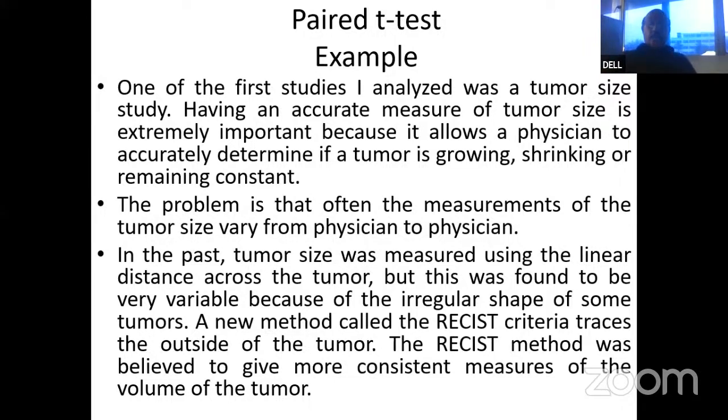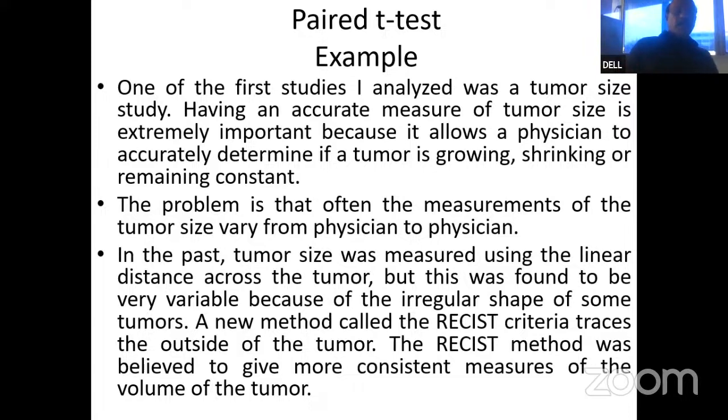I've taken that case study in that particular aspect. The problem is that often the measurement of the tumor size varies from physician to physician. In general, nowadays usually no doctor's measurement is similar to another doctor's.